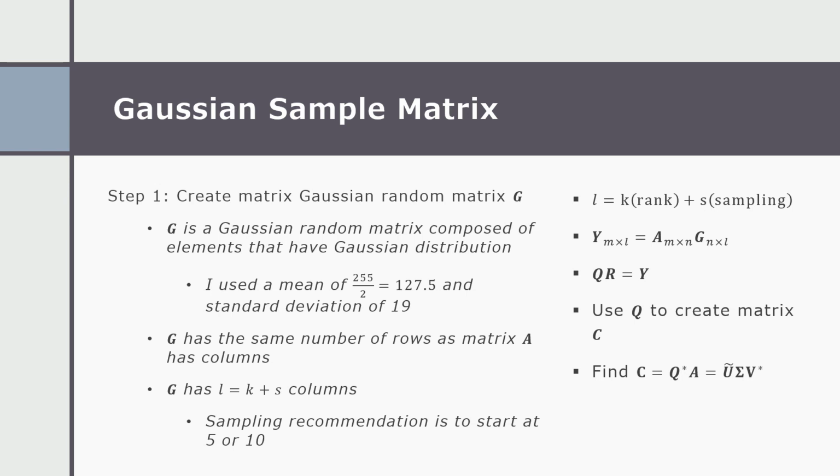When I refer to L, it's referring to the rank plus the oversampling parameter. For this method, the oversampling parameter, he just recommends 5 or 10 as a starting point.